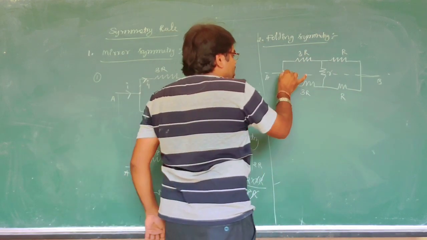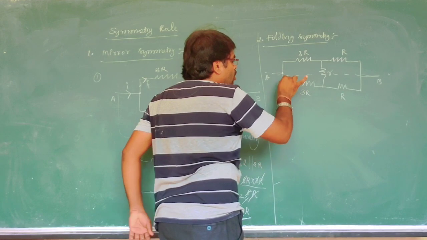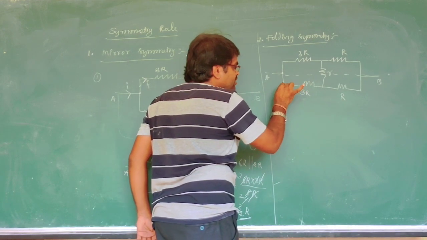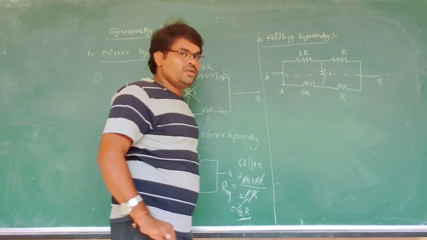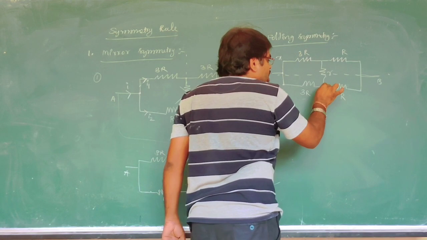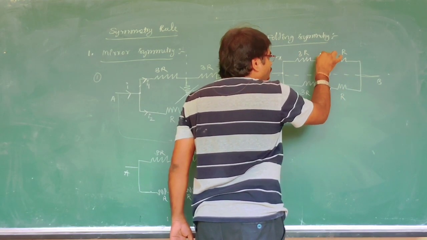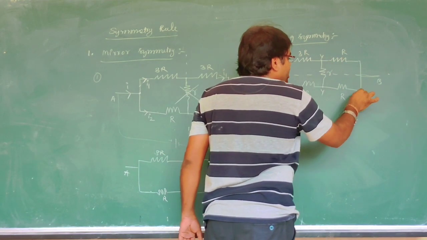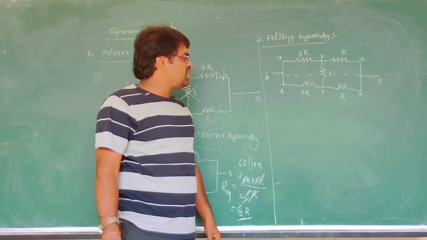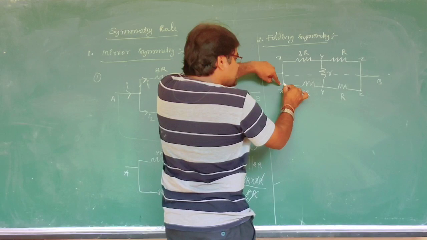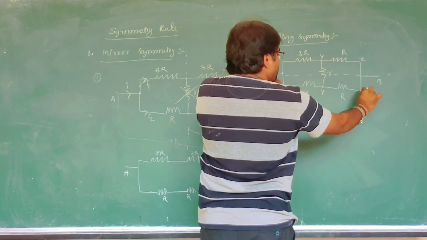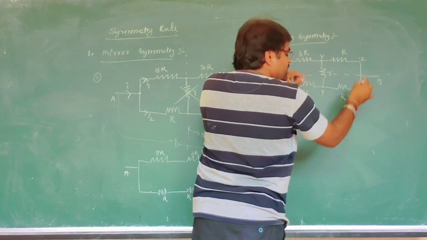Now we see here, what is the potential? We considered X. Here X means here X. Here Y, here Y. Here Z, here Z. Then the same terminals are joined together.